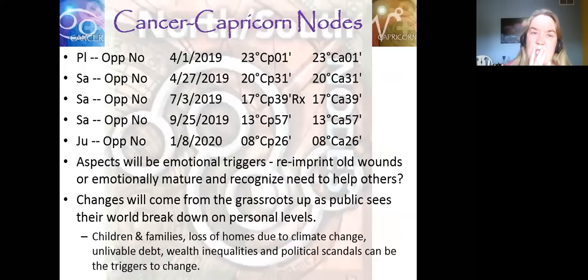Now, here are the dates in which the transits of Saturn, Pluto, Saturn, and Jupiter will be making their conjunctions to the South Node in Capricorn and their oppositions to the North Node Cancer. We are looking at Saturn having 3 oppositions with its retrograde cycle, Pluto and Jupiter only 1. We had that first Saturn conjunction to the South Node April 27th.